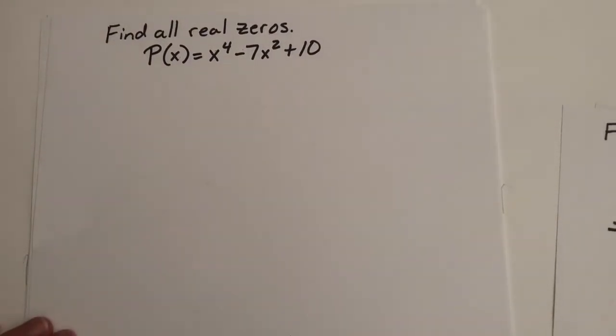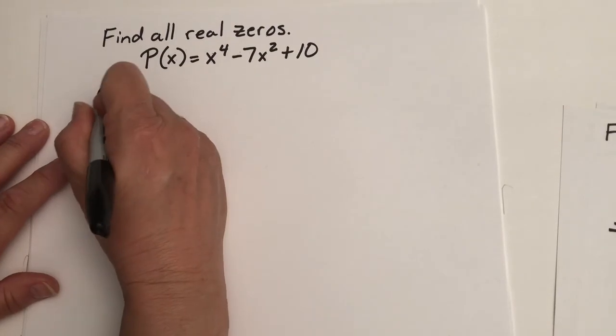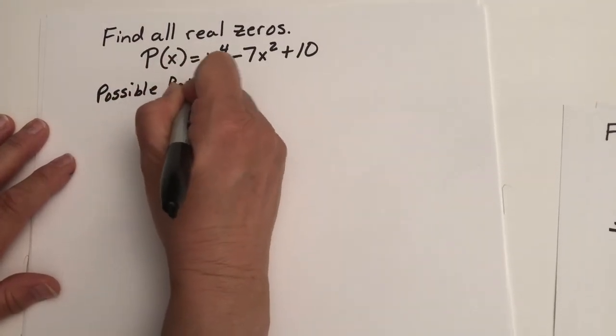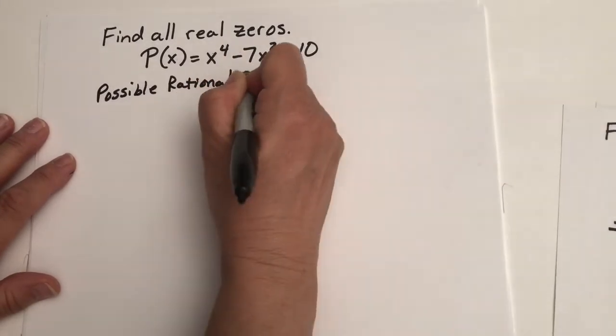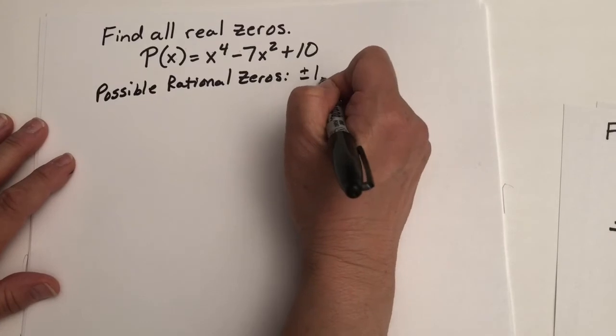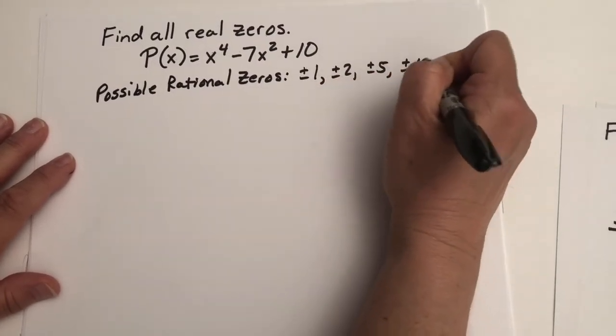Often people forget to think about their other strategies that they have. Once they learn the rational zeros theorem, they want to use it for every problem. If you looked at the possible rational zeros for this problem, we could list them plus or minus 1, 2, 5, and 10, right?